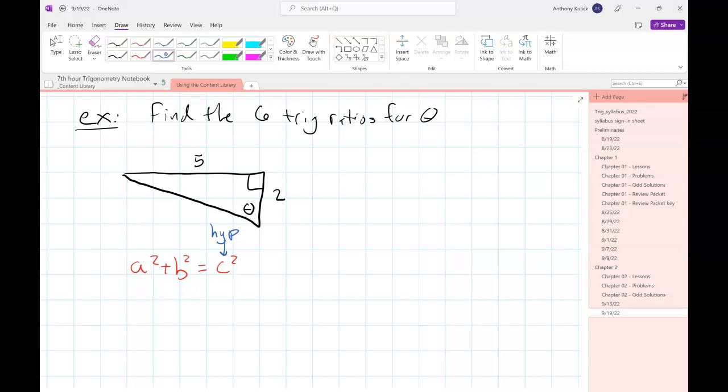Now that is what I'm looking for in this picture, right? So that's fine. And as Matt said, we can plug in 2 or 5 into either place. It doesn't matter.